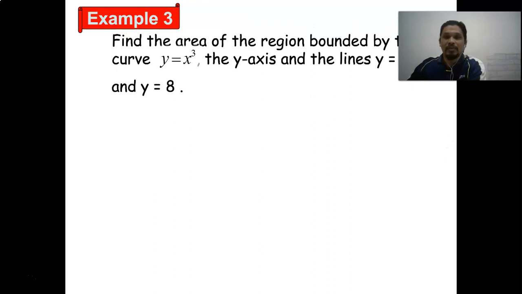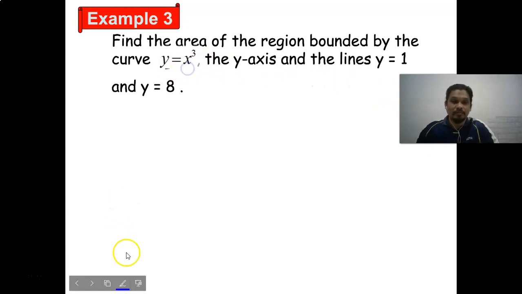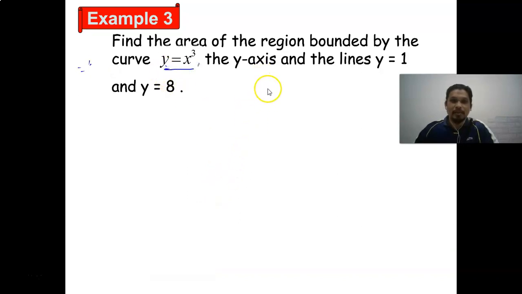Find the area bounded by the curve y equal to x cubed, the y-axis, and the lines y equal to 1 until y equal to 8. So y equal to x cubed. Okay, and the graph is something like this, right?